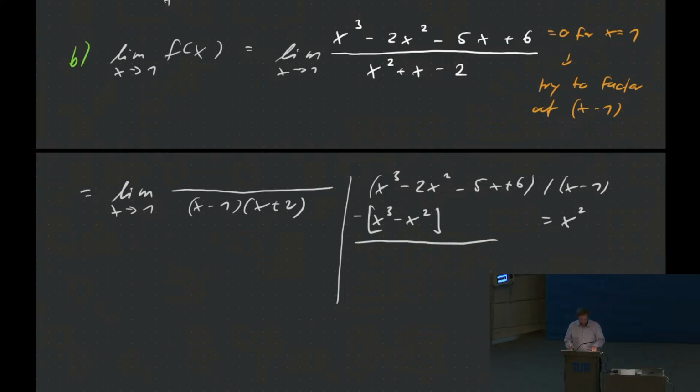And that means we got rid of that x to the power of 3. And we get minus x squared minus 5x plus 6. All right, so next we need minus x to get that minus x squared here.